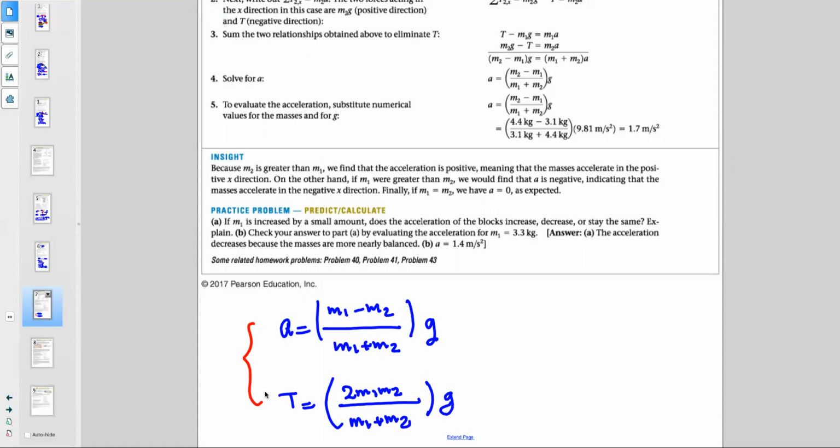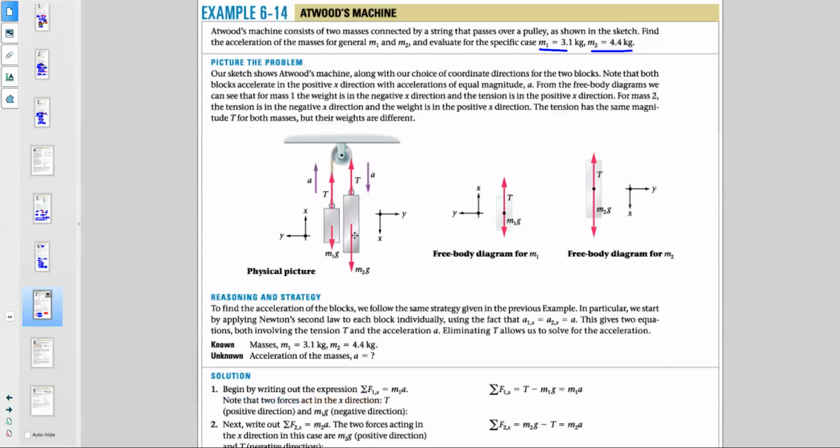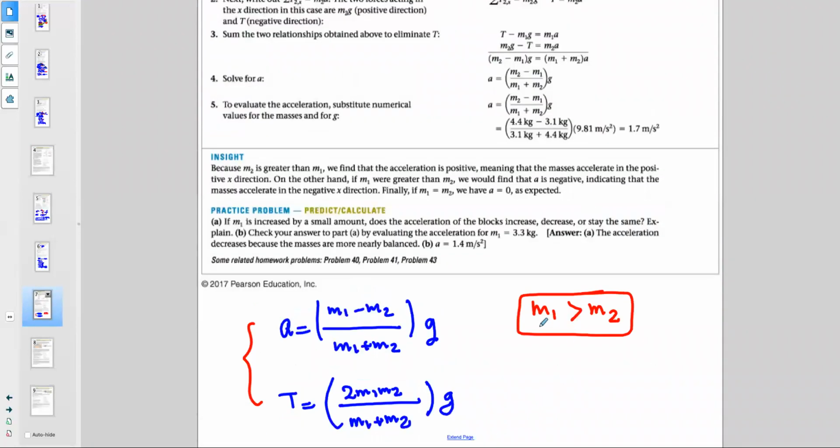Now, it is important to note that when we were doing this, we considered that M1 was greater than M2. So we think that way and then solve the problem. All right, so you can take a look to see which one is which here. For example, M2 is 4.4 and M1 is 3.1. So here, M2 is greater. So just have that in mind: we derived these equations considering M1 is greater than M2.